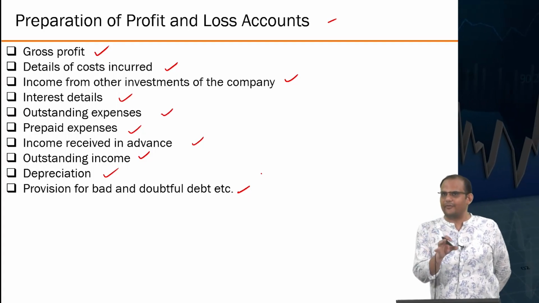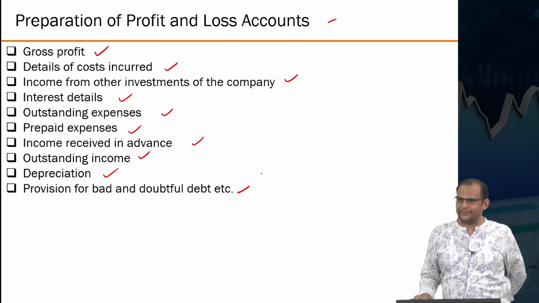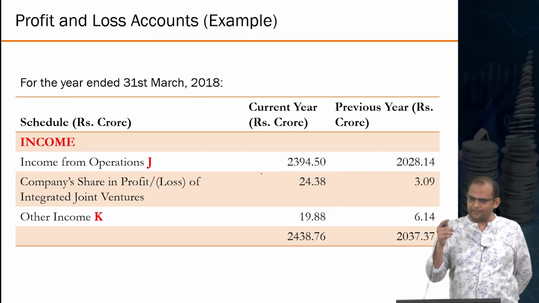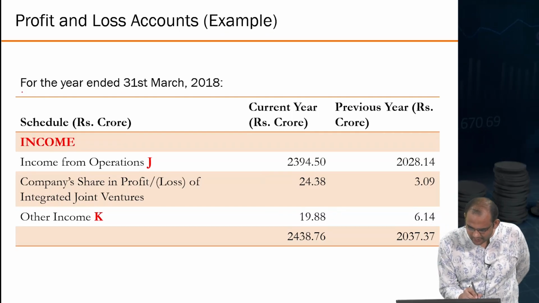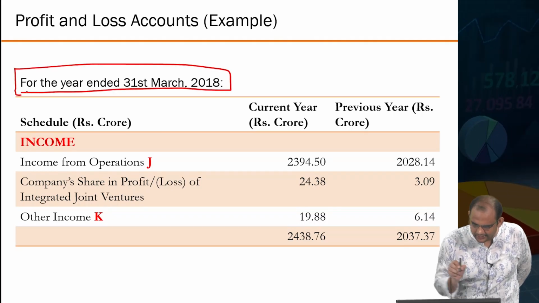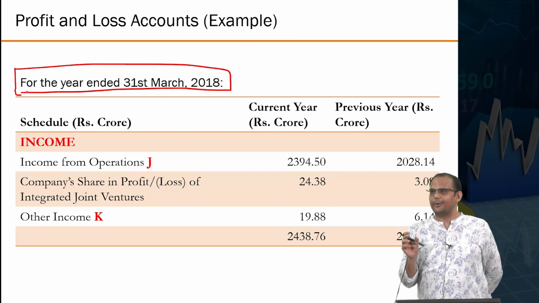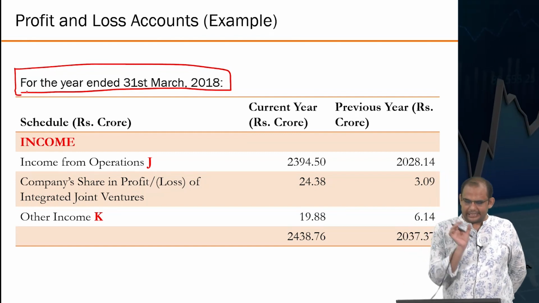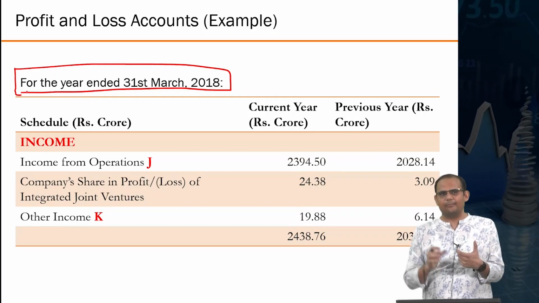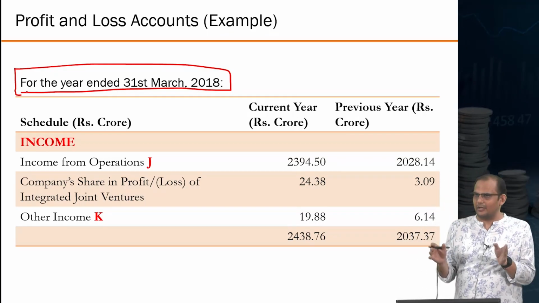That goes into the profit and loss, and then later it also gets transferred to the balance sheet. So this is an example of a profit and loss account for, again, pay attention, I'm clearly mentioning the time duration, the year ended on 31st March 2018. So 1 year before this date, this is the profit and loss statement.